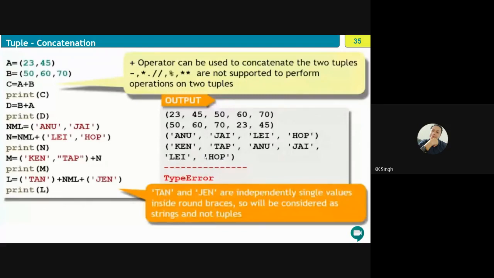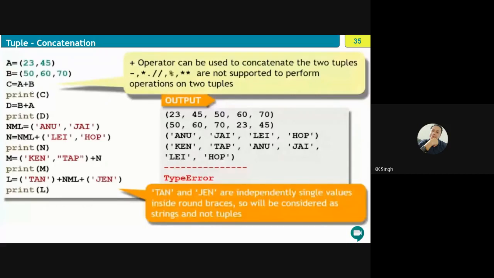For 70, there is no corresponding element in tuple A. So what does the statement C is equal to A plus B show?